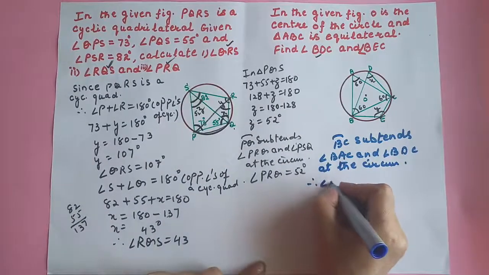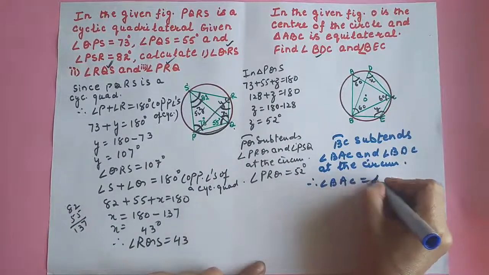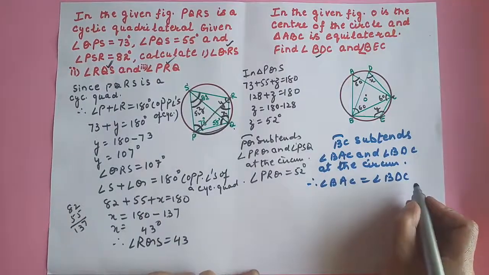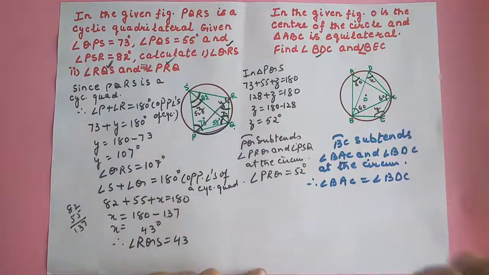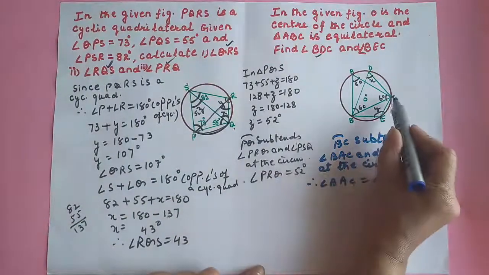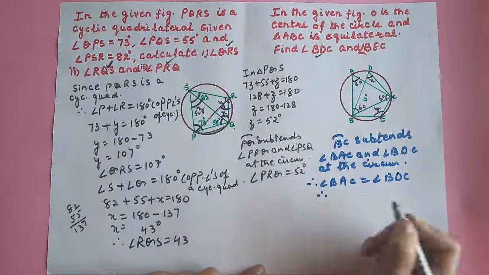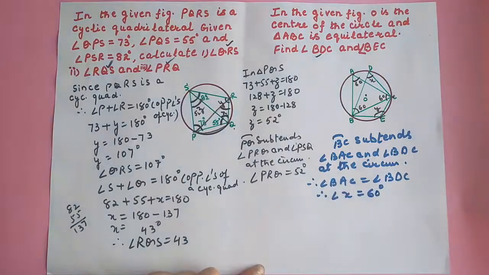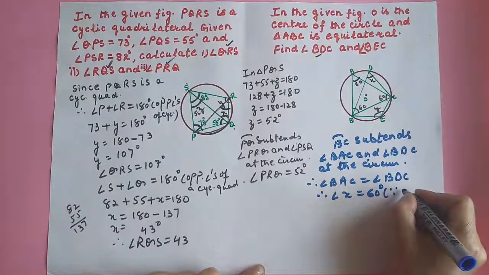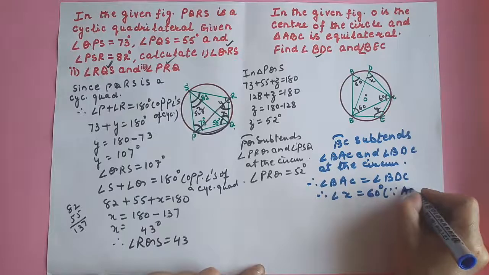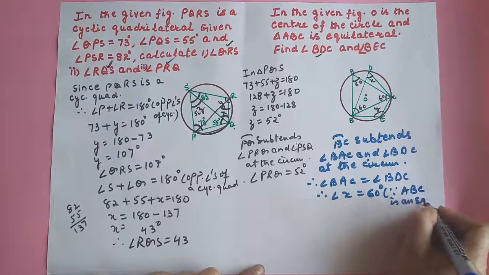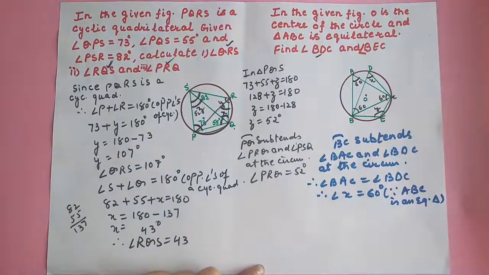Therefore, angle BAC is equal to angle BDC by theorem: equal arcs subtend equal angles at the circumference, or the same arc subtends the same angles at the circumference. Therefore, angle X is equal to 60 degrees. Why? Because ABC is an equilateral triangle.